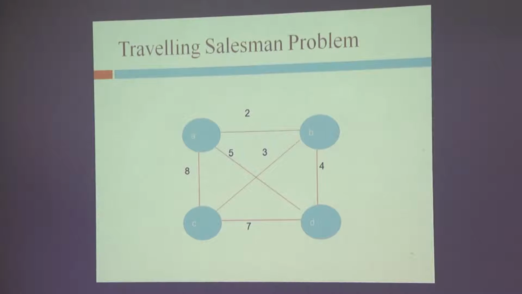Now, sum up all these weights. That is your S. So add all the 8 numbers. Divided by 2, because we will never take 2 edges.